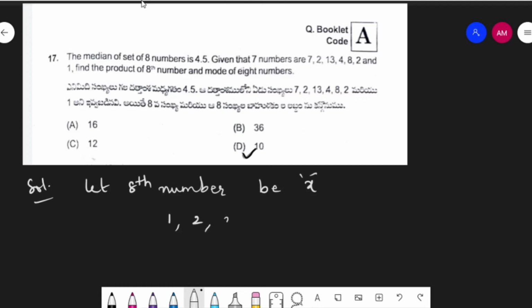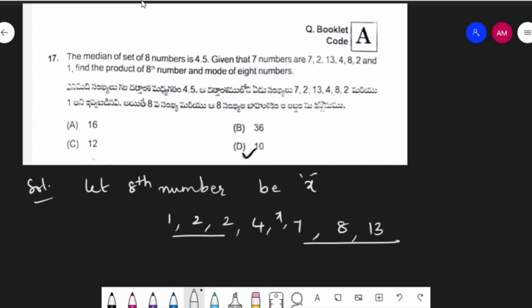1, 2, 2, 4, 7, 8, 13. And we have to take x somewhere. Given that the median is 4.5, that means x lies between 4 and 7. So how many numbers do we have? 8.